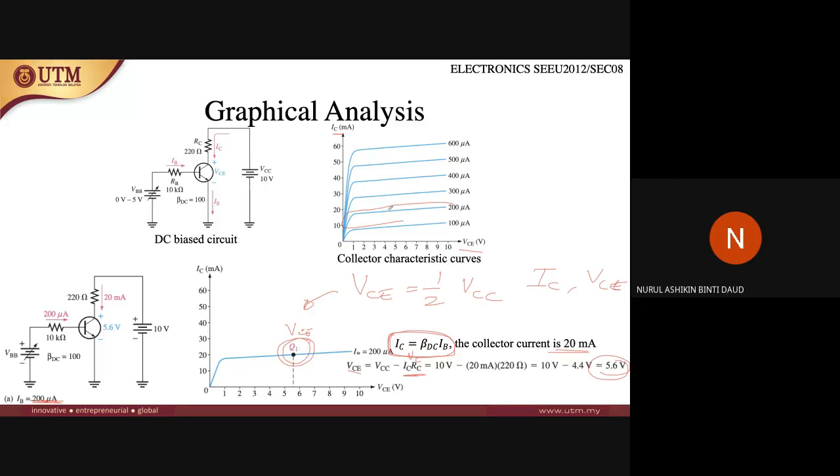So at this state, you can mark the point of Q1 at 5.6. This is 200 microamps. When IB is 200, this is the value of IB. So when IB is 200 microamps, the value of Q1 is 5.6.